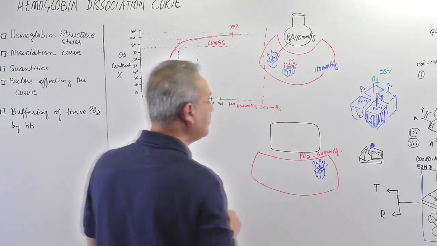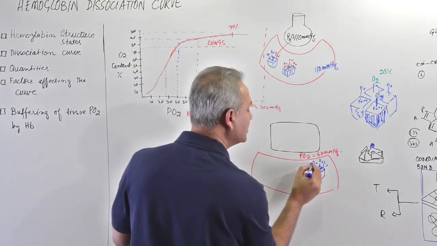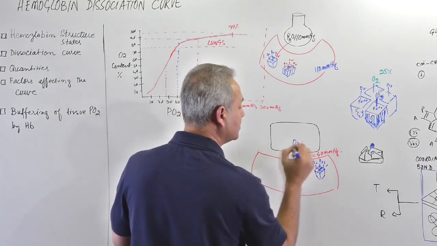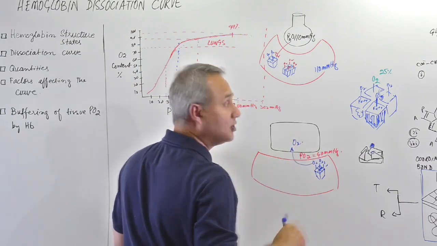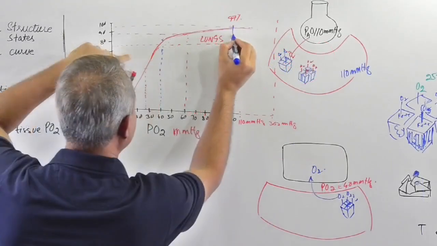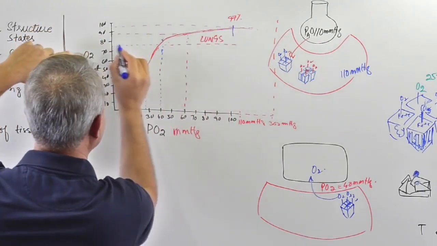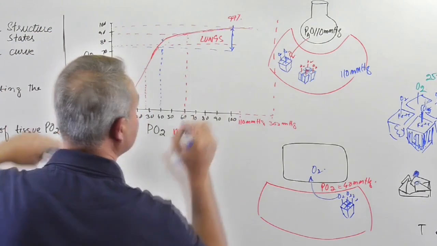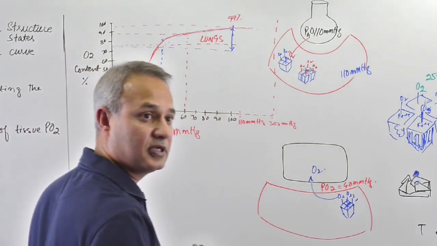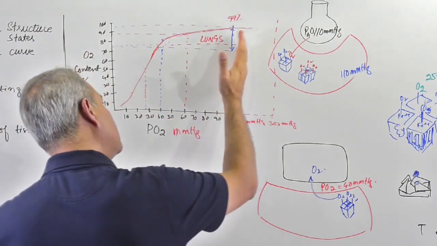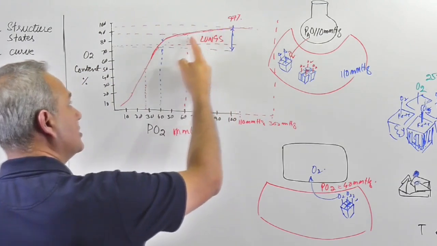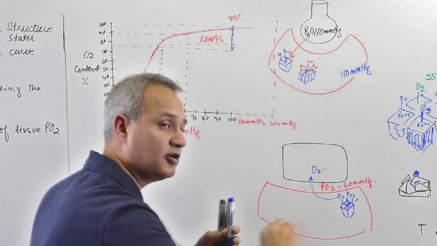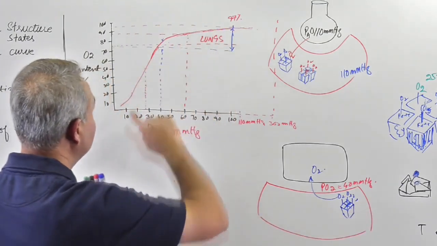Normally we say that about 25%, one oxygen gets dissociated and goes. So can you imagine that from here to 40 till here, this is the oxygen that got removed. So as you move towards the left on this curve, this is the dissociation of oxygen, and this is what is happening in the tissue.